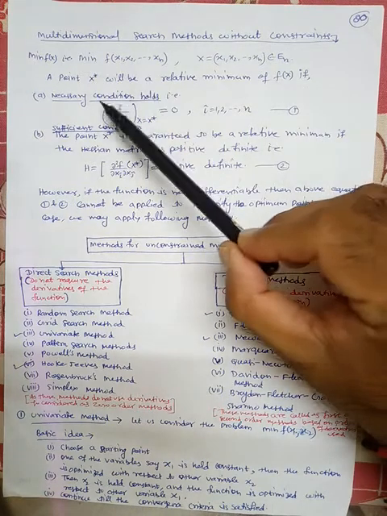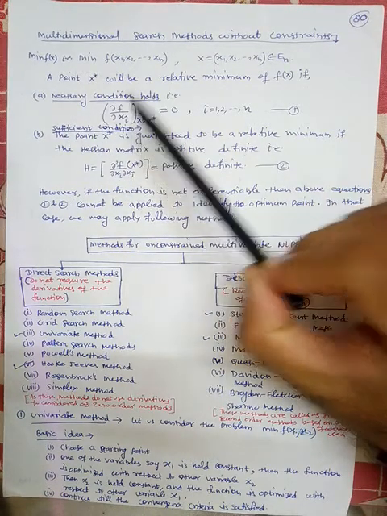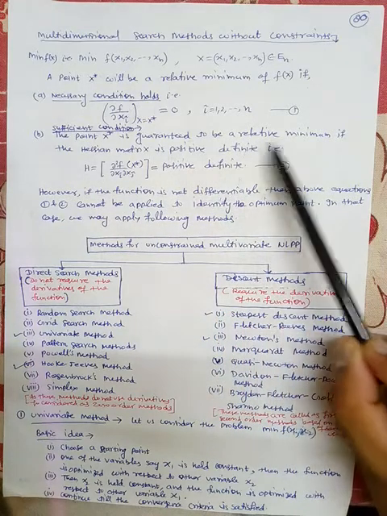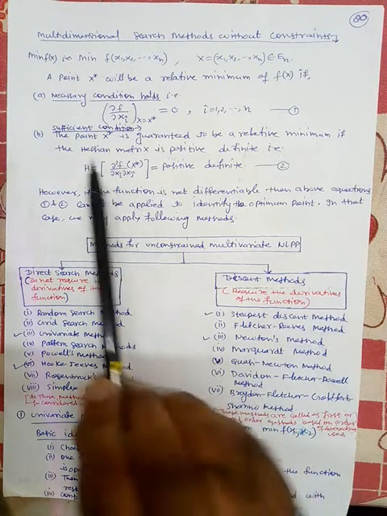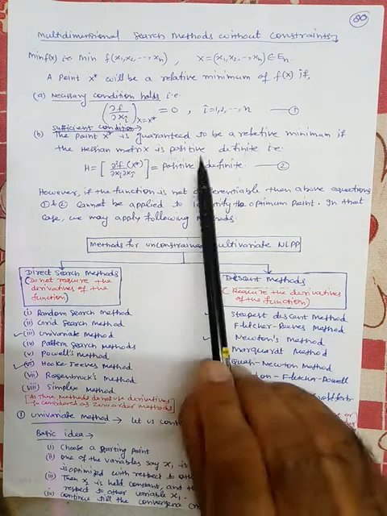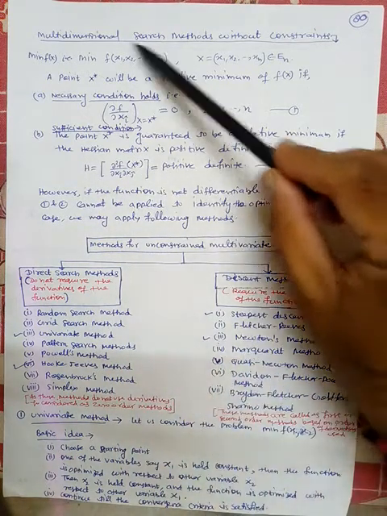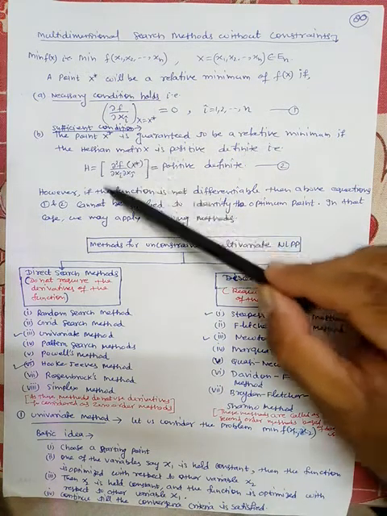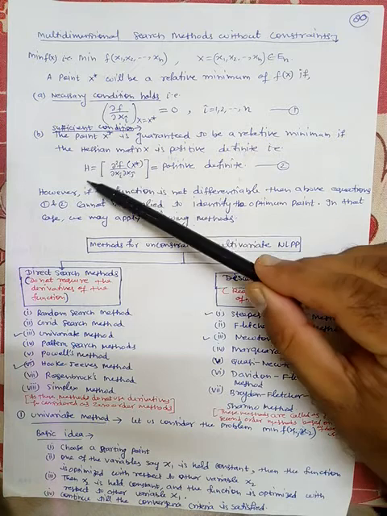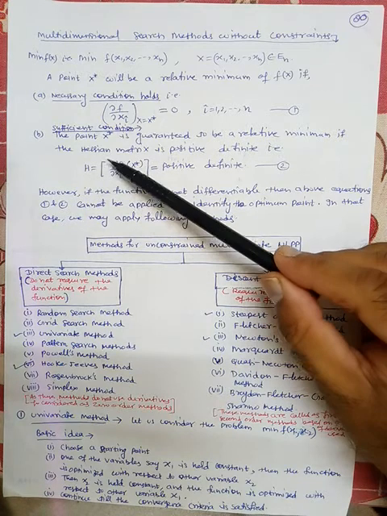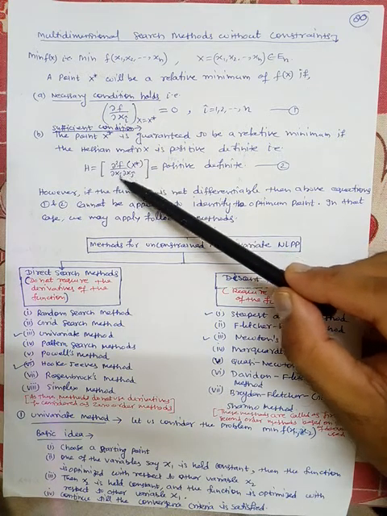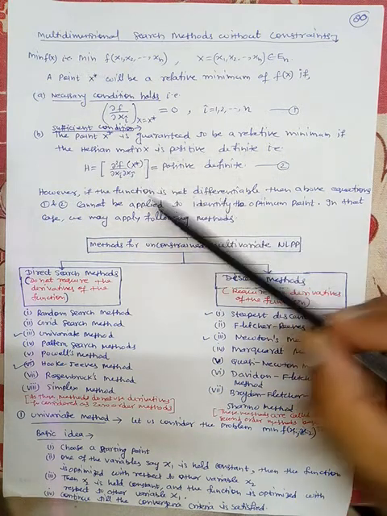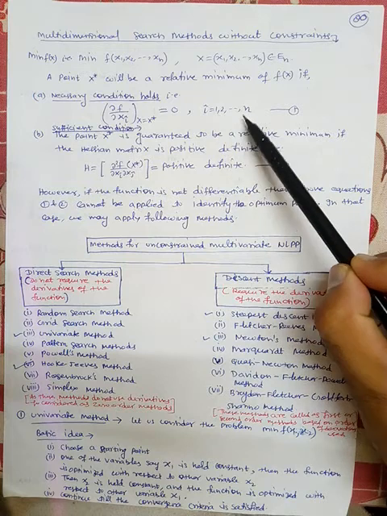And we have a sufficient condition. The point x star is guaranteed to be a relative minimum if the Hessian matrix is positive definite, because we have an n dimensional problem, so the second derivative is nothing but the Hessian matrix. Hessian matrix is denoted by H, and is nothing but del 2f by del xi del xj at point x star, where i and j vary from 1 to n.